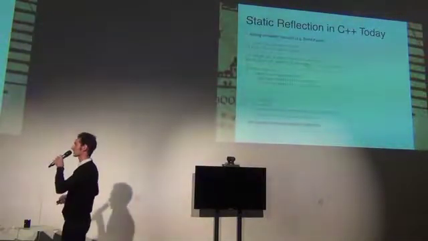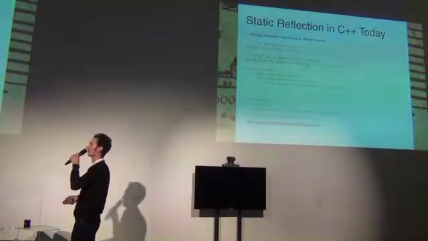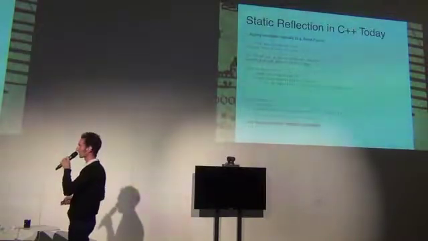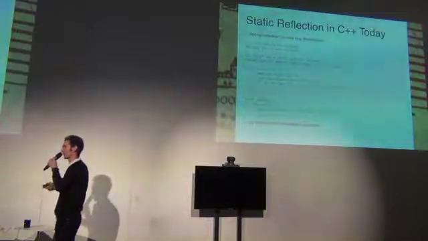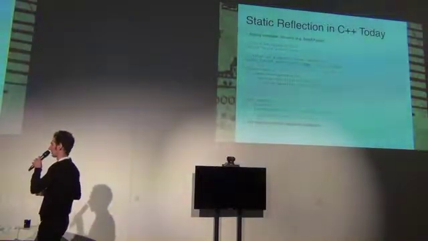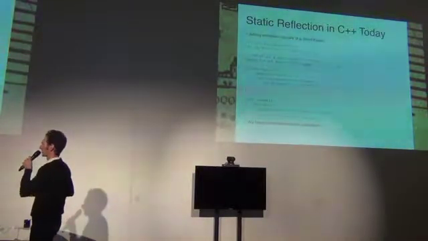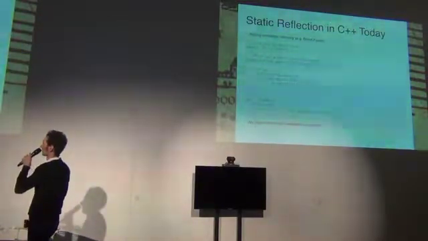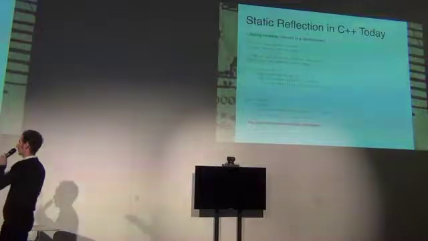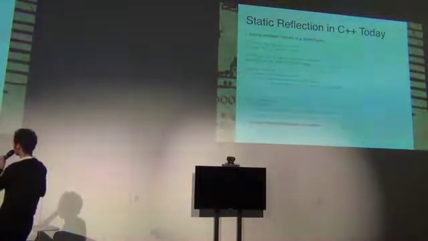So the thing is that today we can have some sort of static reflection in C++, but we always have to add the metadata manually. So we have to use our editor, and some frameworks might help us. For example, Boost Fusion is a framework to register metadata manually.